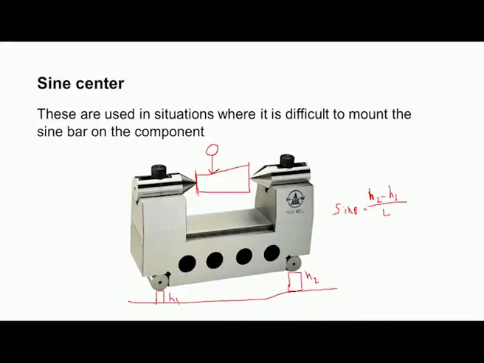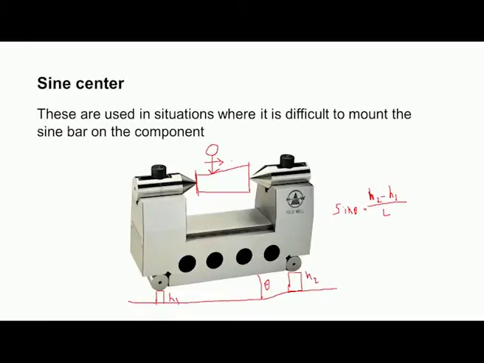And then we should adjust this height difference, H1 minus H2, till the dial indicator reads 0. So, we can always change this theta by varying this height difference, so that the dial indicator, which we move along the generator of the tapered component, reads 0.